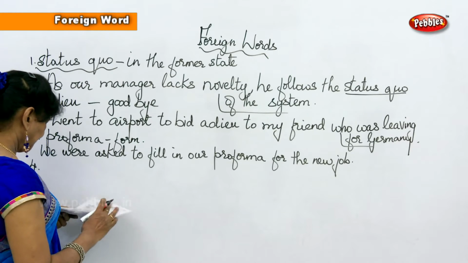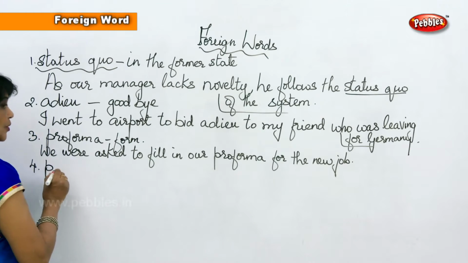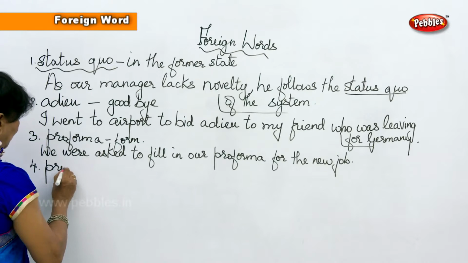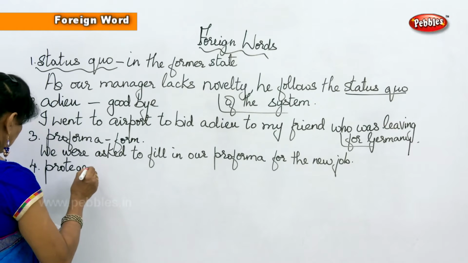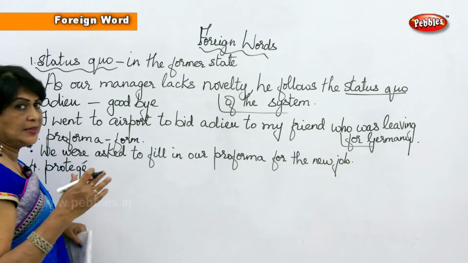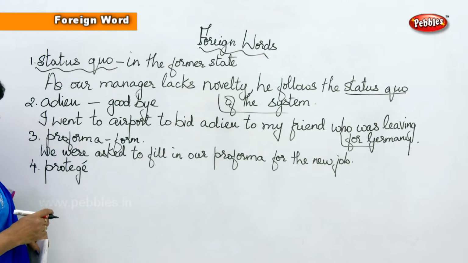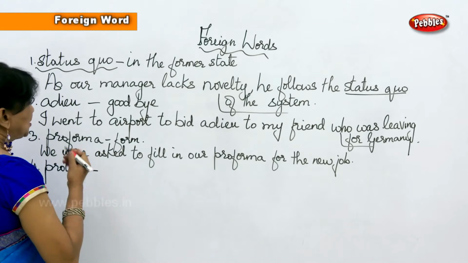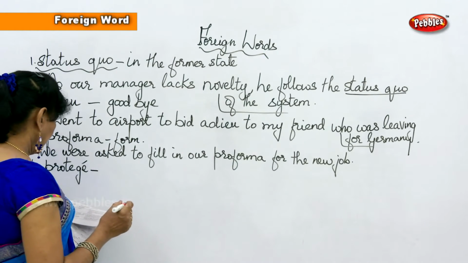Next one, protégé. This is also a French word, protégé. And look at this grave accent. Accent grave they say in French. You have a small little dash on top of the E, and that gives a different pronunciation. Protégé we say.